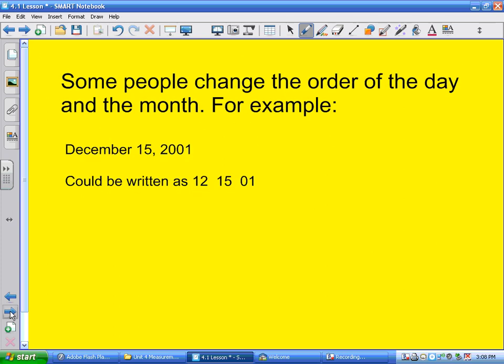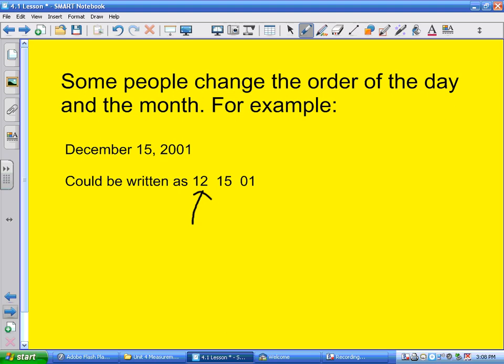So some people change the order of the day and the month. So for example, here's an example which we just encountered a minute ago. I want you to tell me what this date is. What about, Cole, what do you think? What does the 12 mean in here?